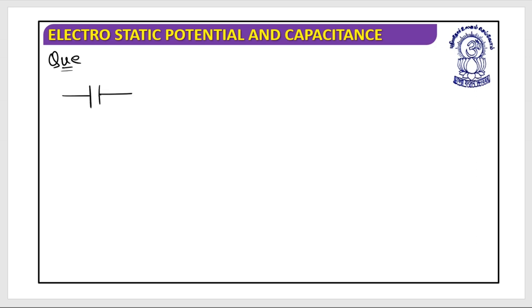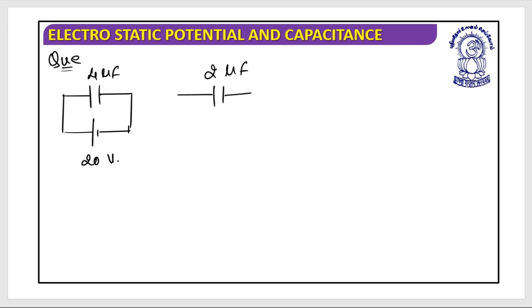Suppose one capacitor is there. This is of 4 microfarad connected with a battery of 20 volt. Another capacitor is there. It is of 2 microfarad, and this has been charged with 10 volt.